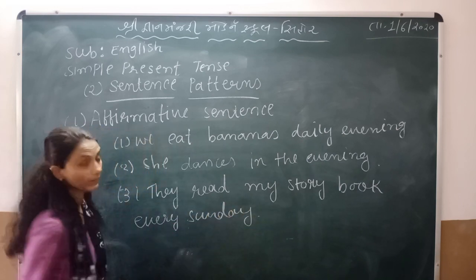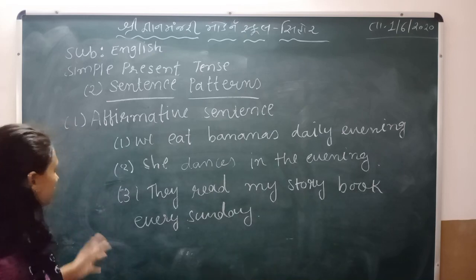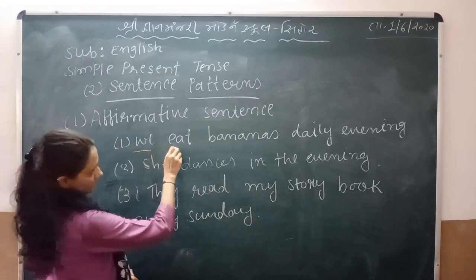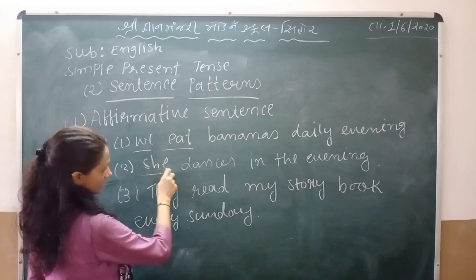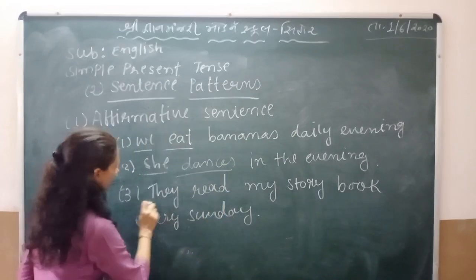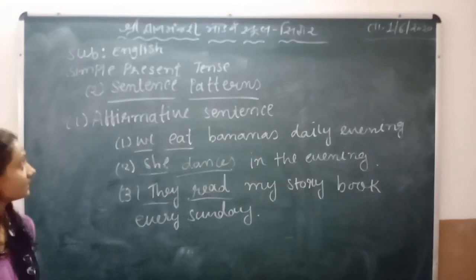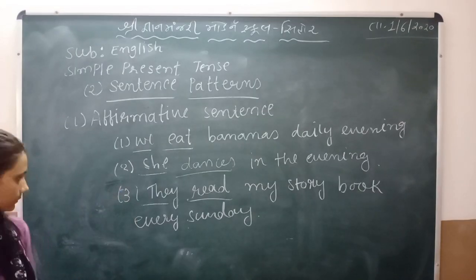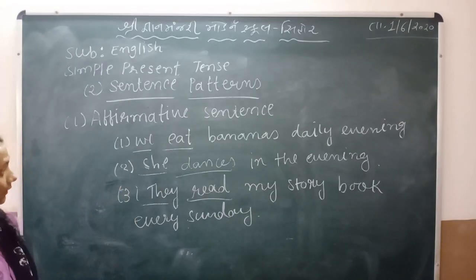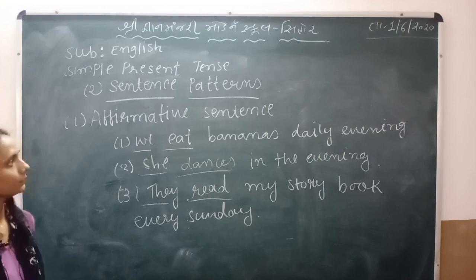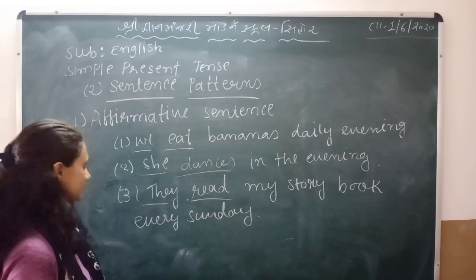To make you more clear, I have written 3 sentences here: we eat, she dances, they read. So these are the affirmative sentences of simple present tense. I hope now you have a clear idea about the affirmative sentences of simple present tense.